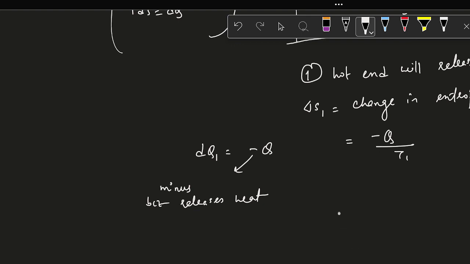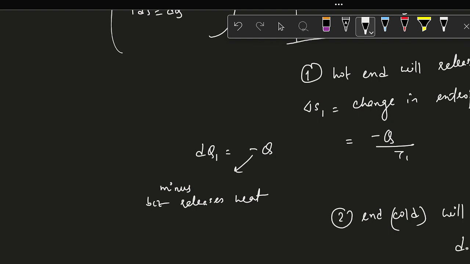But for the other end, that is end number 2, the cold end, will absorb the same heat that is being released by end number 1, because that is what is happening, right? You are transferring heat from one end to the other. So if one end is releasing the heat, then the same heat is being absorbed by the opposite end.